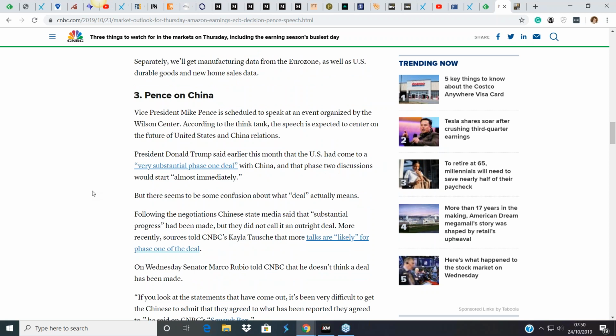He's quite hawkish on China, allegedly. It's specifically about China-US relations, so given what's been happening with the tariff talks, you can see how this is likely to affect the markets in general, and of course the forex market.